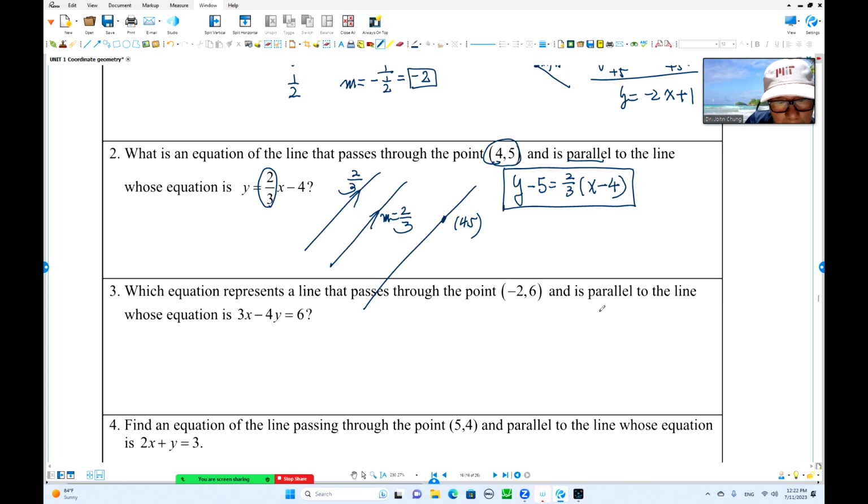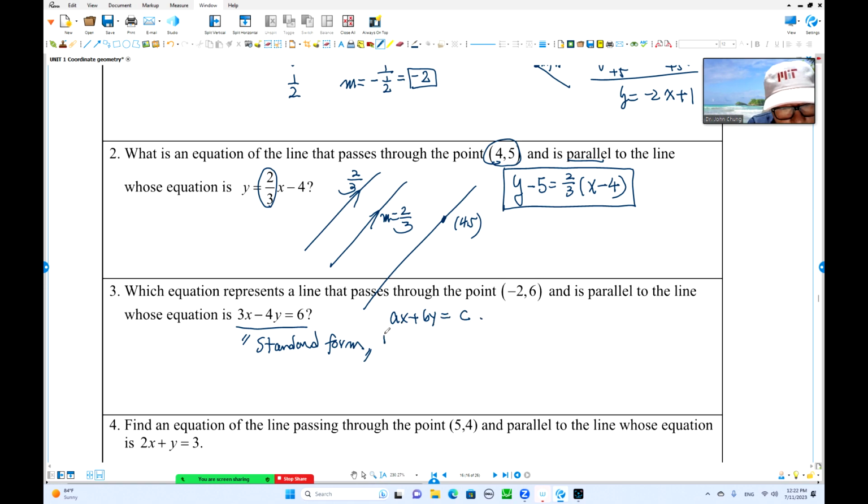There's another parallel one. We can try the parallel one more time. Because this is a standard form, this standard form is very important. Later, using this standard form, we'll get some answers very quickly. But now, just remember, this form, ax plus by equals c, is a standard form.